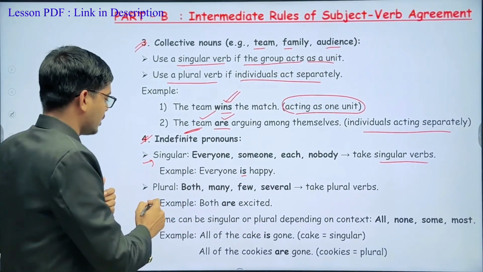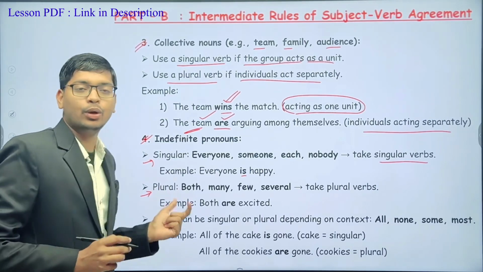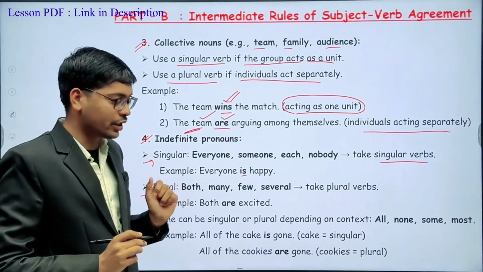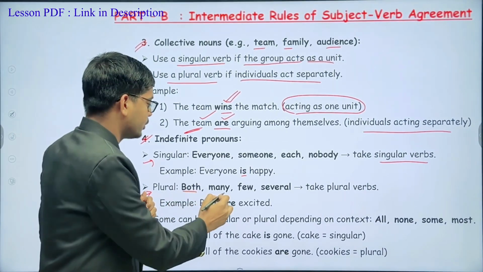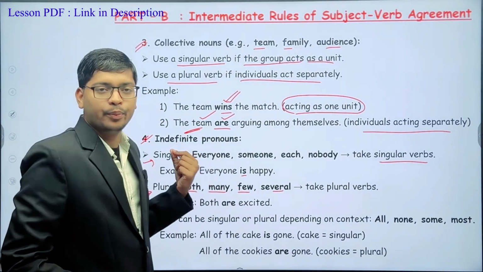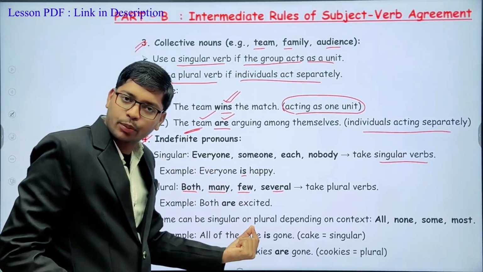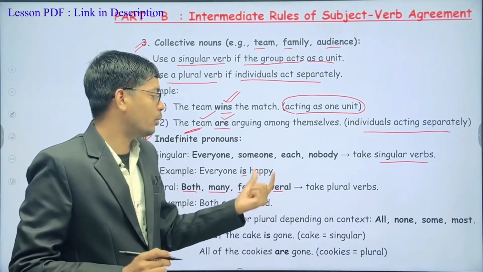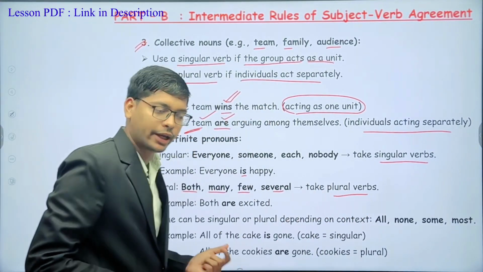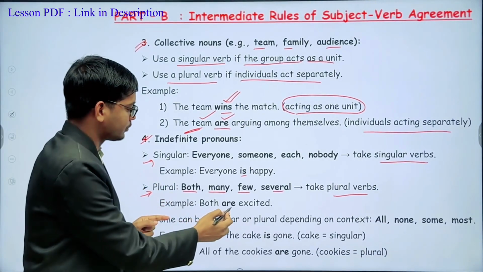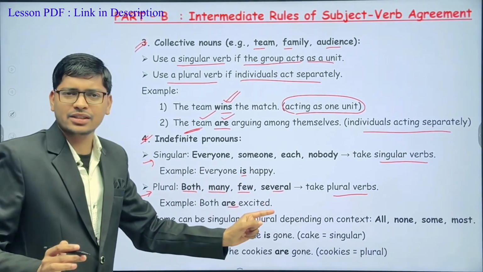Next, plural indefinite pronouns, for example both, many, few, several. These are plural indefinite pronouns here, so they always take plural verbs. Let's see an example, both: "Both are excited."